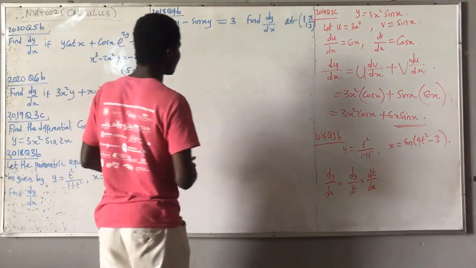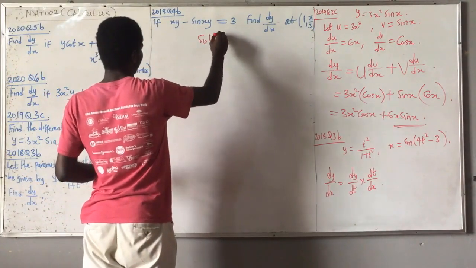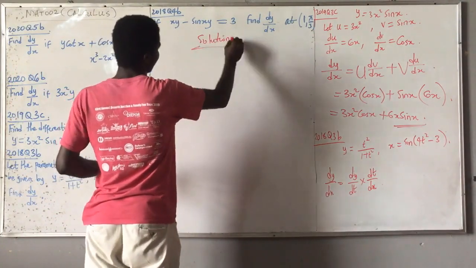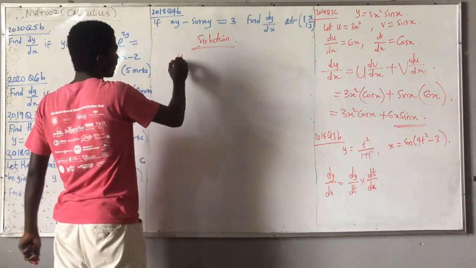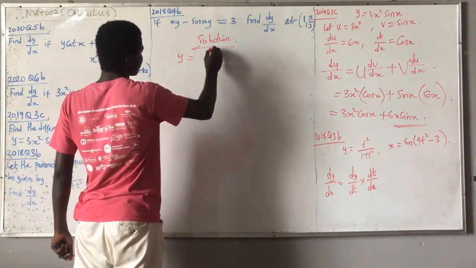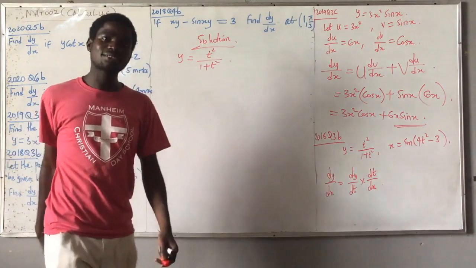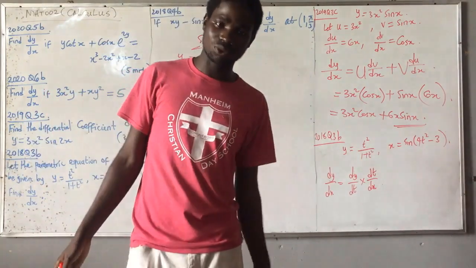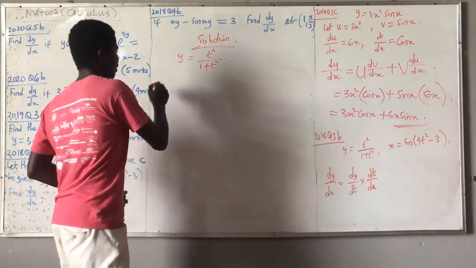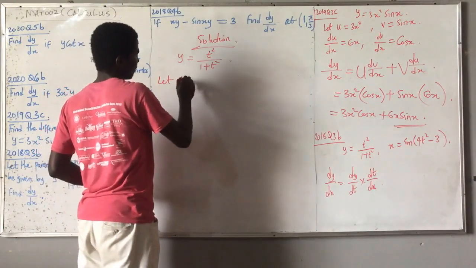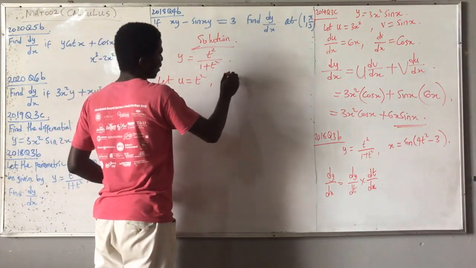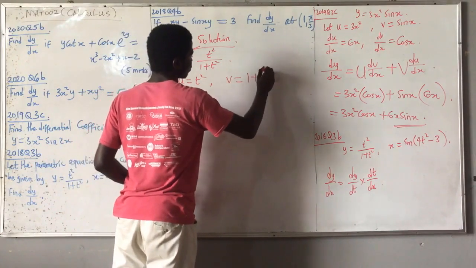Now, our rough solution. From y equals t squared over 1 plus t squared, what is very good for you to use is the quotient rule, right? Let u be t squared and v be 1 plus t squared.